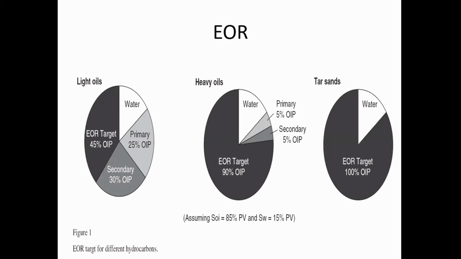Of course, for heavier oil, tar sand is not tertiary. Tar sand is something else, like a chemical extraction, leaching process. But EOR is in heavy oil, especially tertiary methods. And you can achieve a good recovery factor, sometimes up to 90%, if you do it in a proper way.